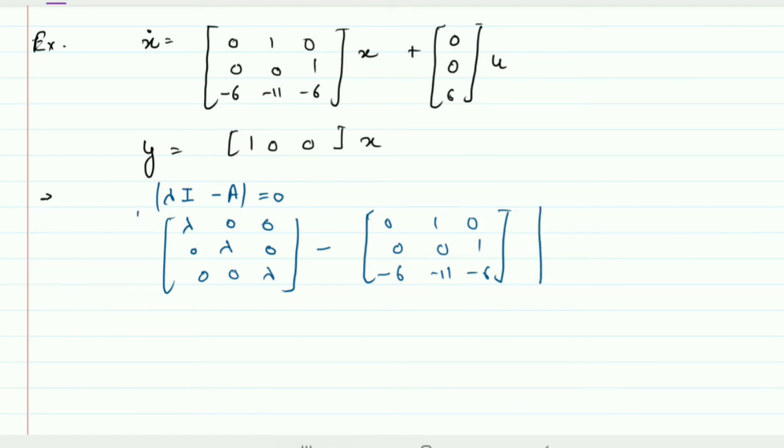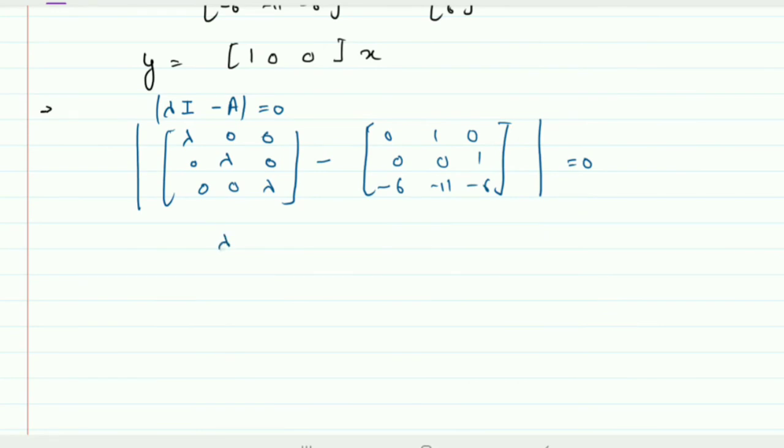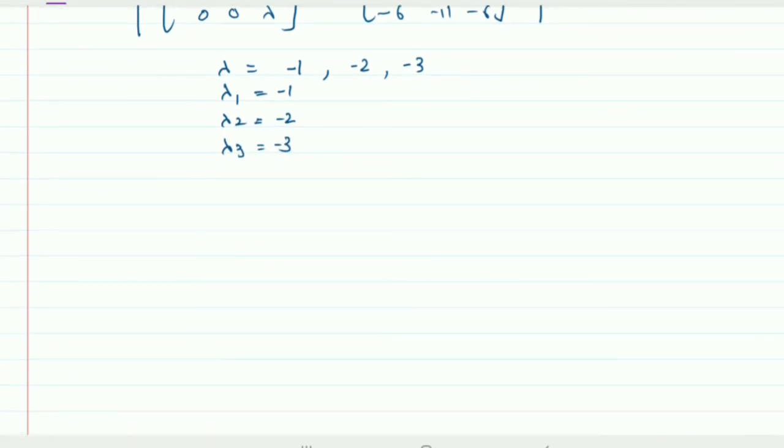The determinant of this matrix equals 0. If you solve this equation, you will get a third order equation in lambda, and you have three values: -1, -2, -3. So we have three eigenvalues: lambda 1 equals -1, lambda 2 equals -2, lambda 3 equals -3.